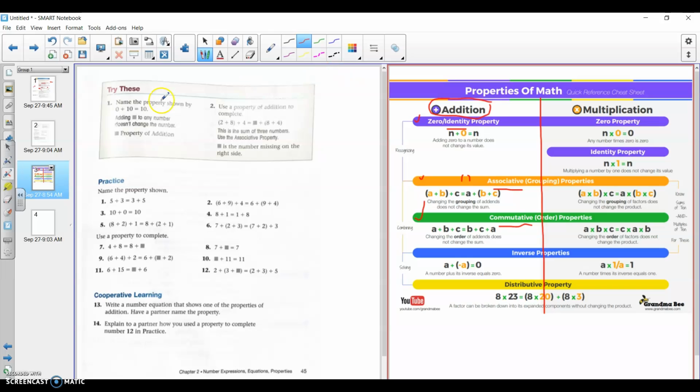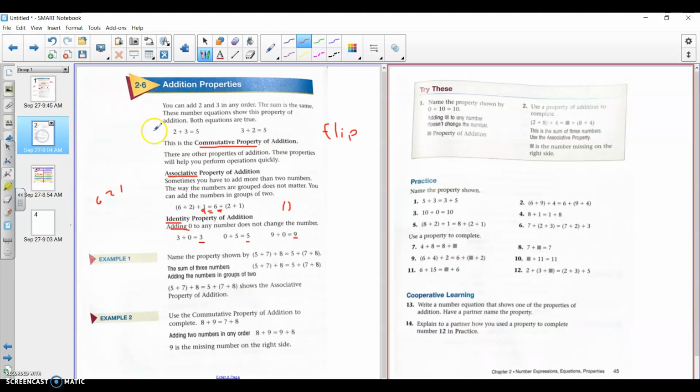Okay. So now to today's assignment. As always, the top you can nix and get rid of, and numbers 13 and 14 you're going to get rid of. And all they're asking for in the first 6 problems is to name the property. So you're going to have to go back over to this page and ask, is that commutative, is that associative, or is that identity?